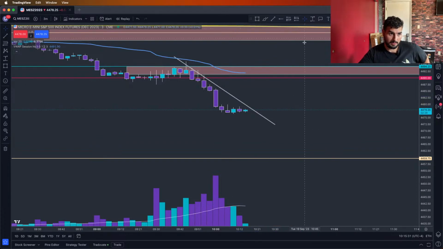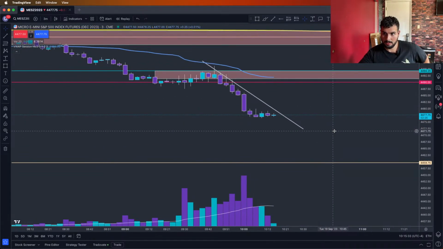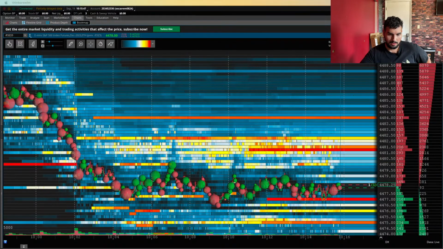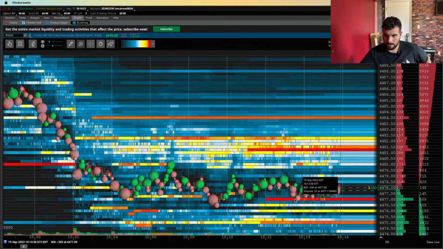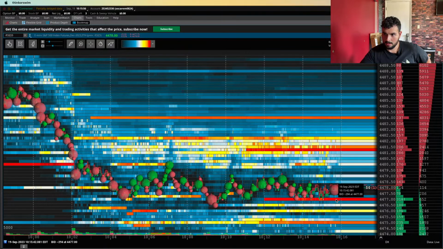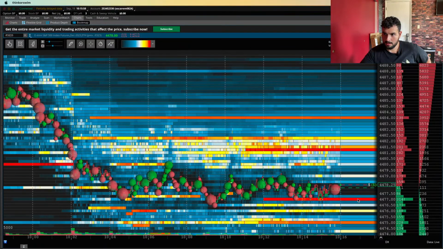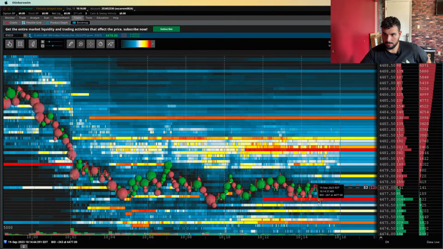Gonna delete this for now until we get some clear structure. Show you guys the book map. We hit this order a couple times. Could not go through it.